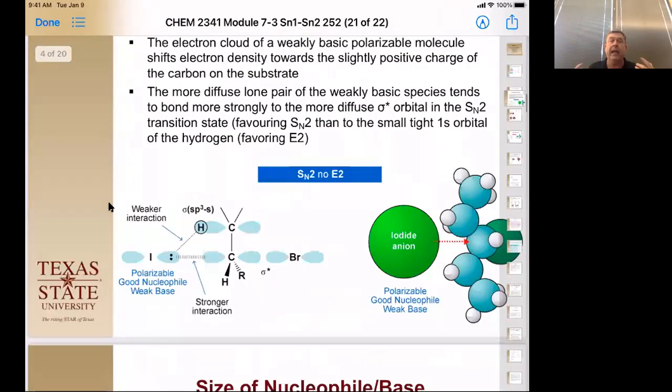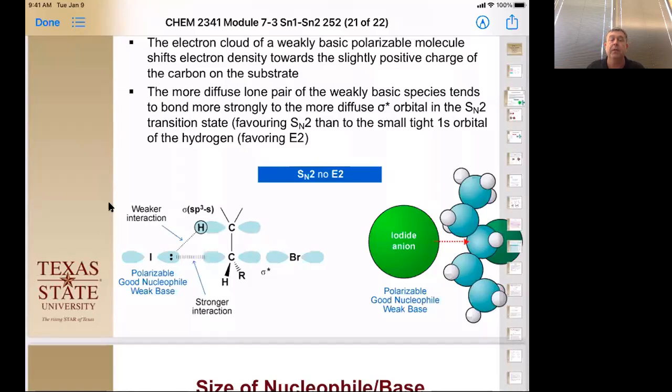And when we have something like an iodine come in, it can nestle in 180 degrees from our leaving group and get into that stronger interaction, because it can polarize to get in between. So when we have something that is a poor base, we should not see any elimination products. When we have that polarizable nucleophile, we should only see substitution reactions.